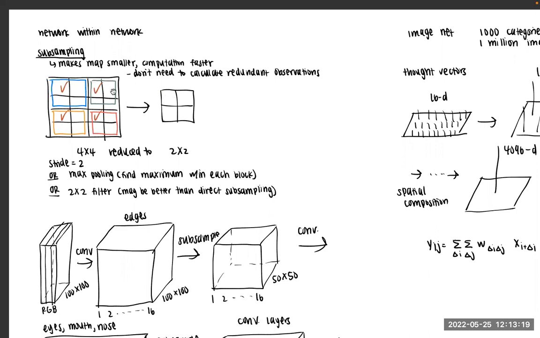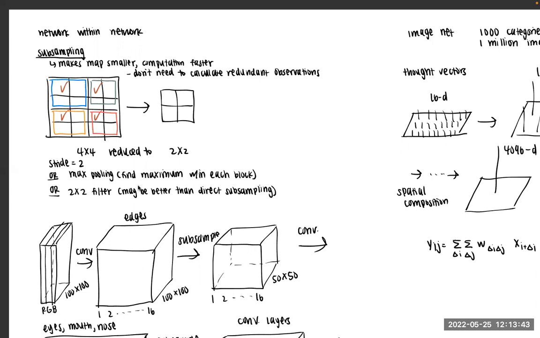And for this one, we choose the maximum value and put it here. For this type of subsampling, the stride equals 2. So you keep 1 pixel every 2 pixels along each direction. So that's the basic idea.